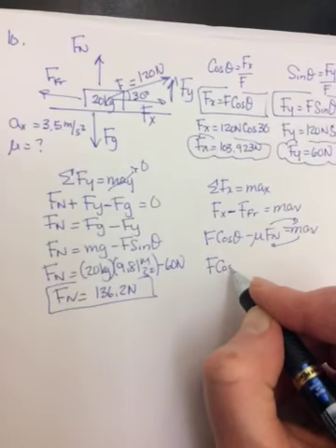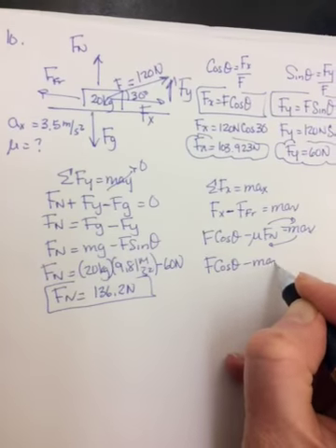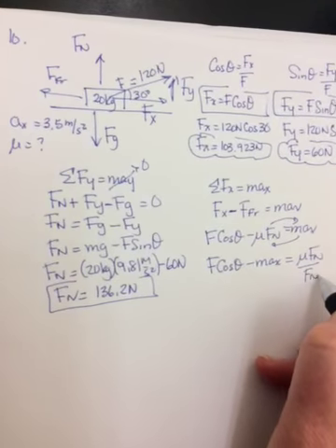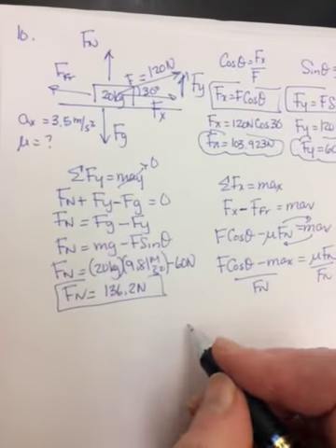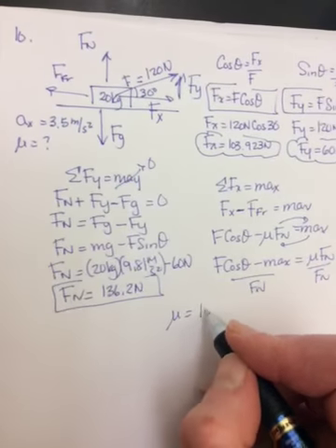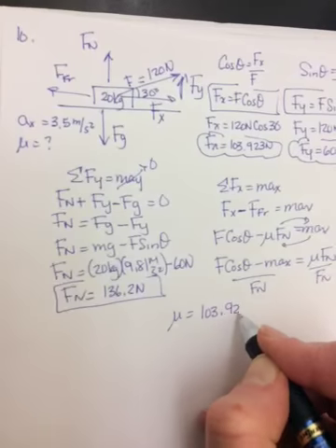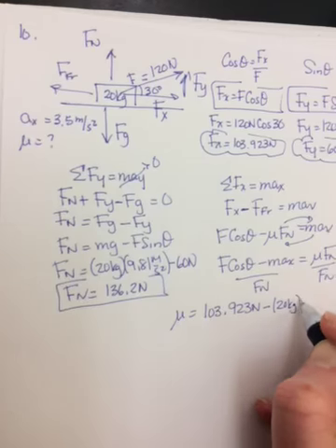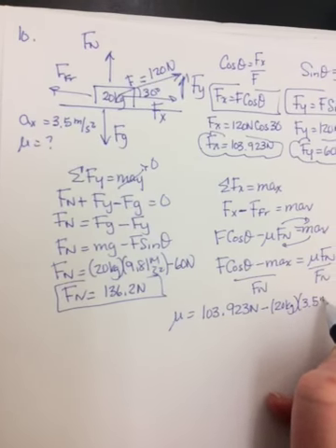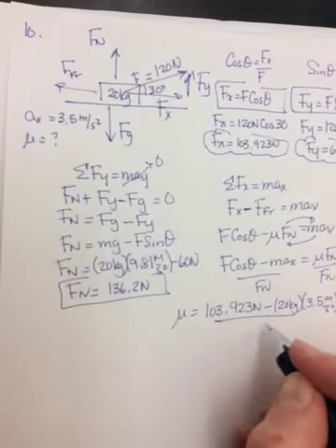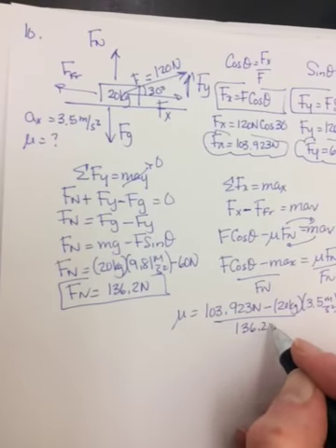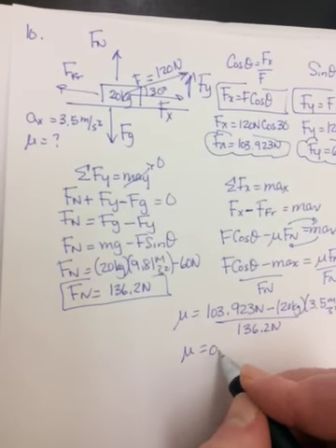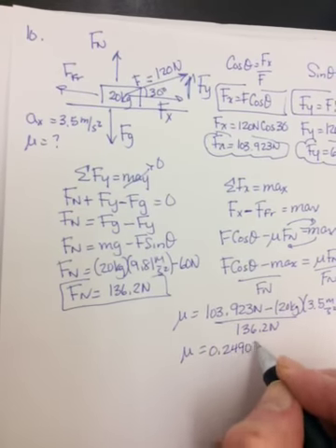So it'll be F cos theta minus max equals mu Fn, and now divide both sides by Fn. So mu is equal to F cos theta, which was 103.923 newtons, minus m was 20 kilograms, a was 3.5 meters per second squared, over Fn, which was 136.2 newtons. And you should get a mu of 0.24907.